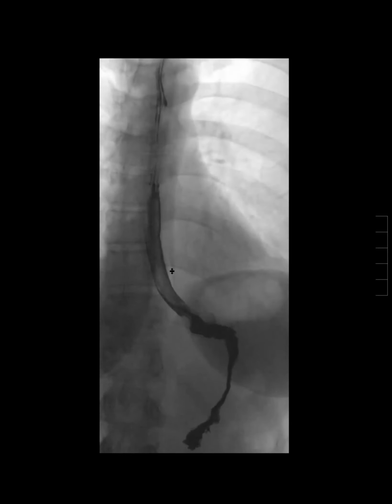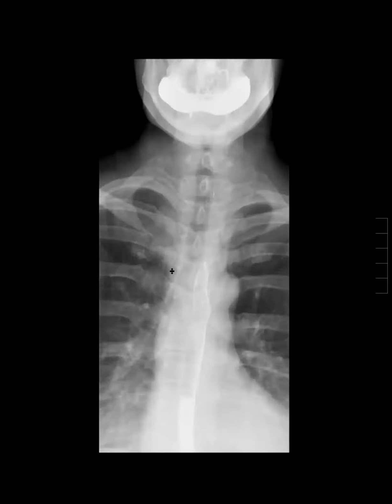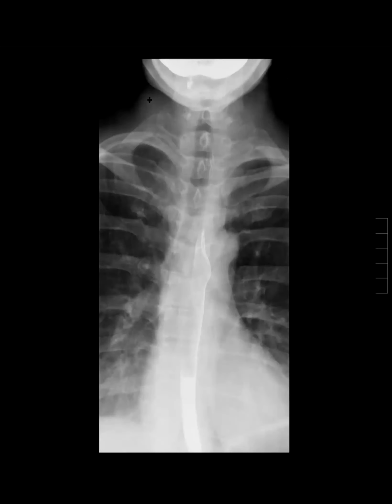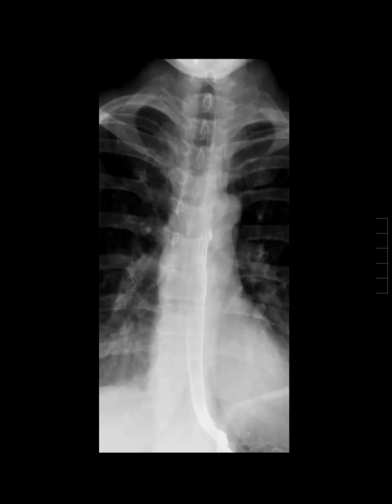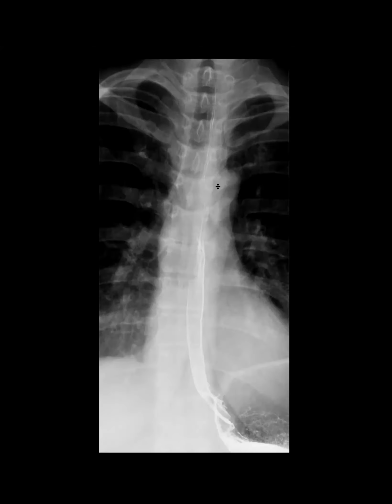Anyways, so what do you see? Let me see if I can remove the calipers. Okay, there you go.